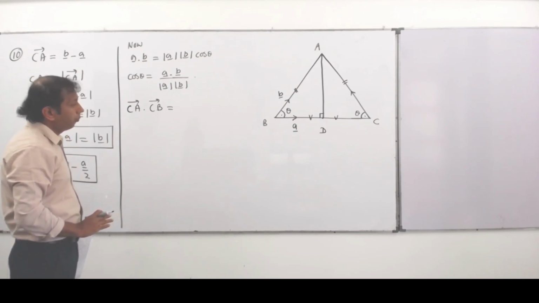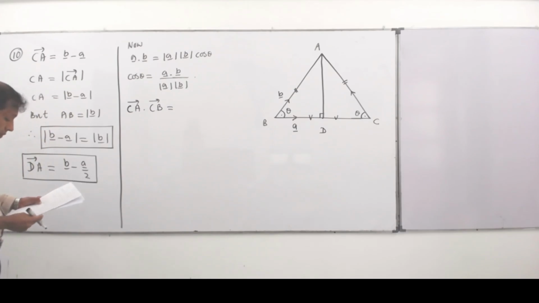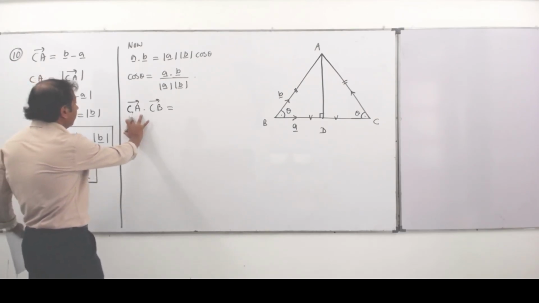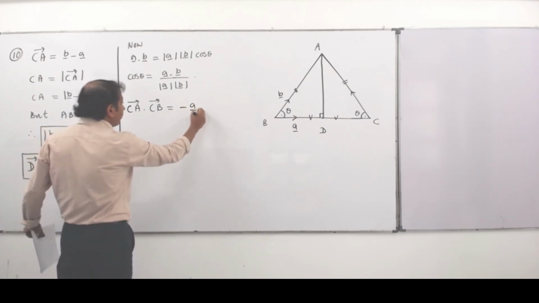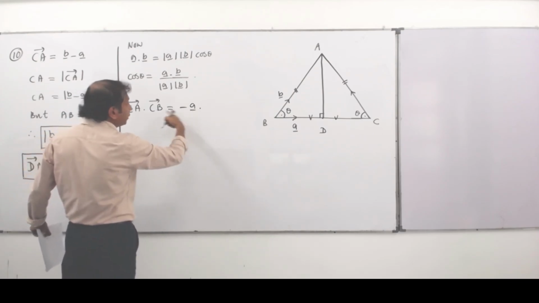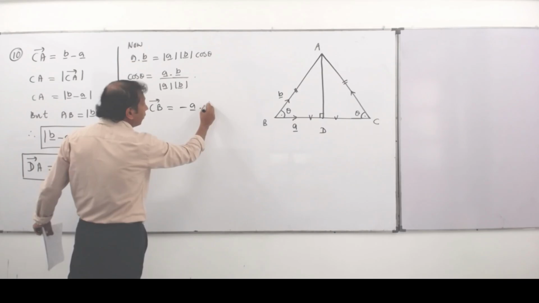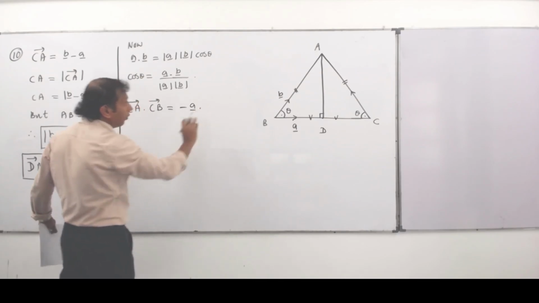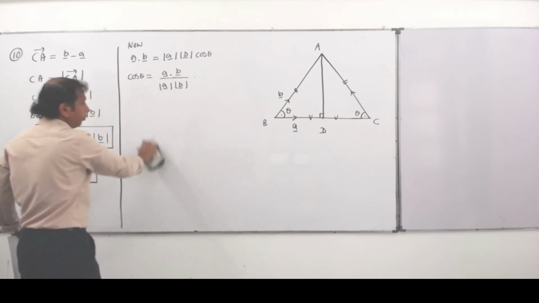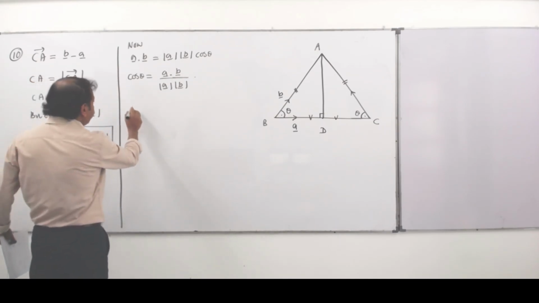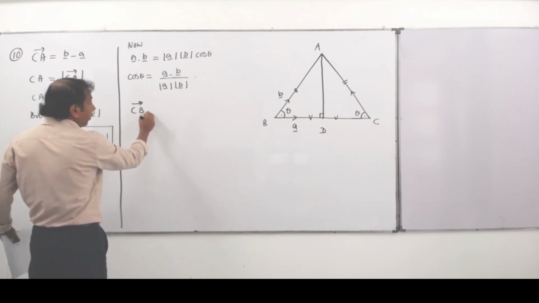Here CA means minus A, CA, right? CB. There we get CA, we get B minus, wait. We take CB dot CA.